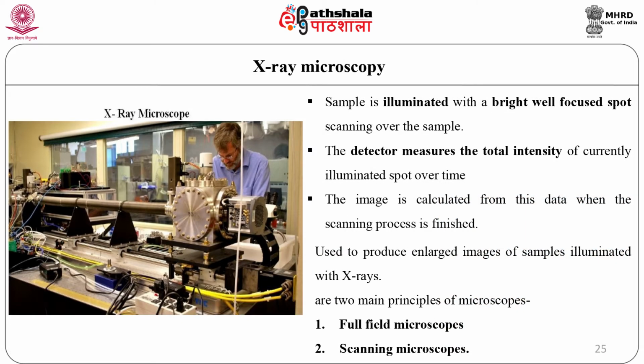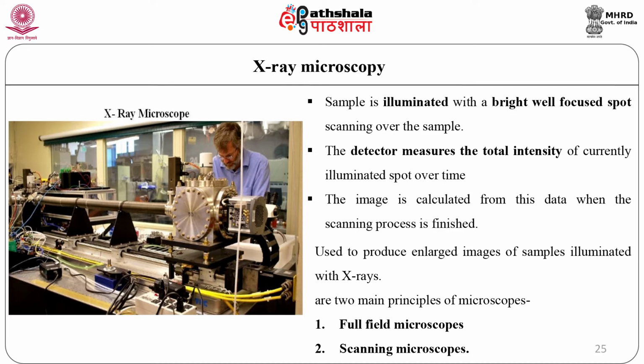X-ray microscopy is used to produce enlarged images of a sample. The samples are illuminated with X-rays, and there are two main principles of microscope. One, full field microscope, and two, scanning microscope.